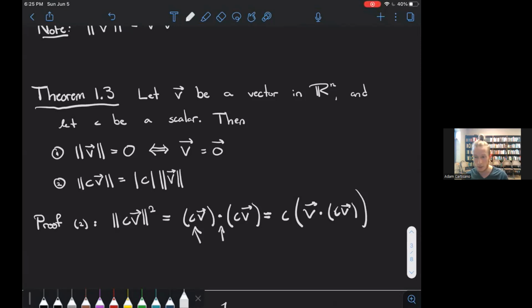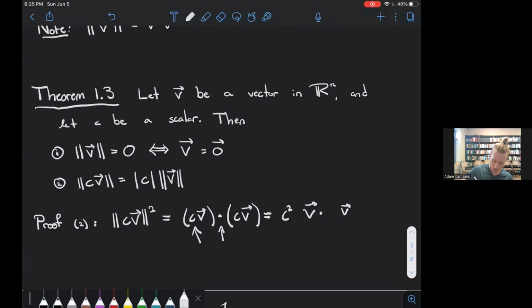You have a scalar times a vector dot another vector. Well, that's exactly our situation. We just do the dot product first, then do the scalar. And by exactly the same reasoning, we can take the scalar on the inside of the dot product and pull it to the outside.